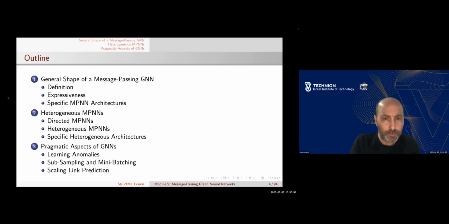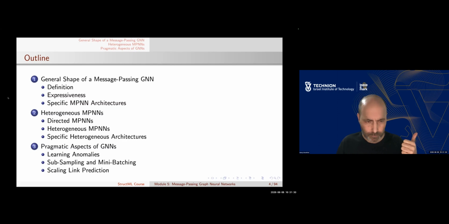Specifically, this module has three parts. We'll start with homogeneous GNNs, basically understanding the idea in standard MPNNs, talking about expressiveness and the Weisfeiler-Lehman test. And then the next part is going to look at the heterogeneous MPNNs, basically how we adapt the homogeneous MPNNs to the heterogeneous case.